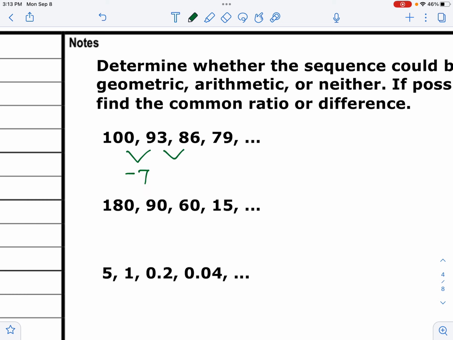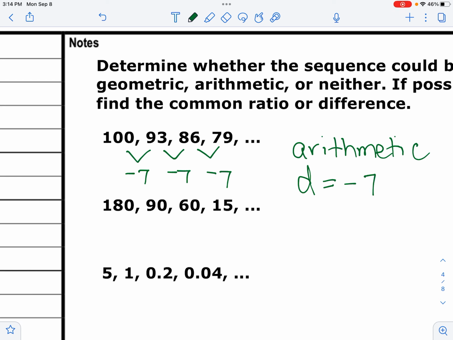Now, does that happen again? Yup. Okay, so this one is arithmetic. And then my common difference is -7.